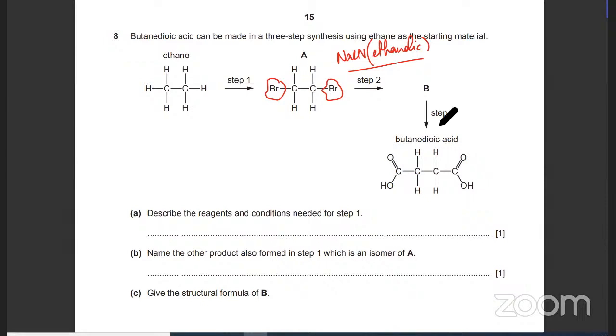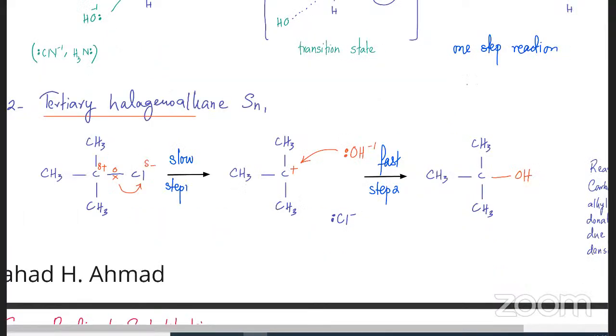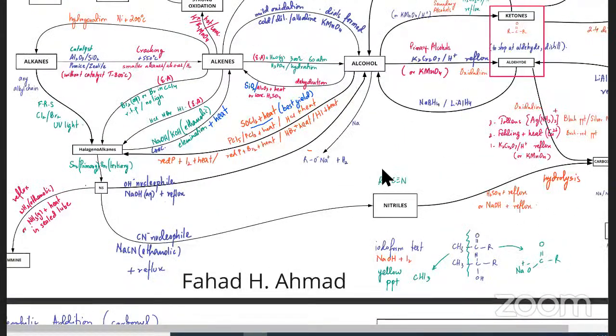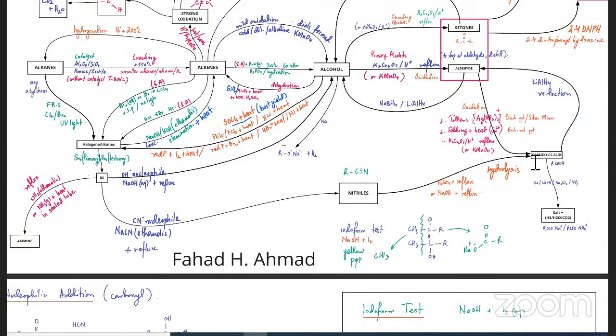You have a halogenoalkane. You're going to a carboxylic acid, right? In 2 steps. So I'll just show you. If you look at this chart, you've got a halogenoalkane over here, and you want to make a carboxylic acid, which is over here. There are many different paths you could follow, but that's going to take a lot longer.